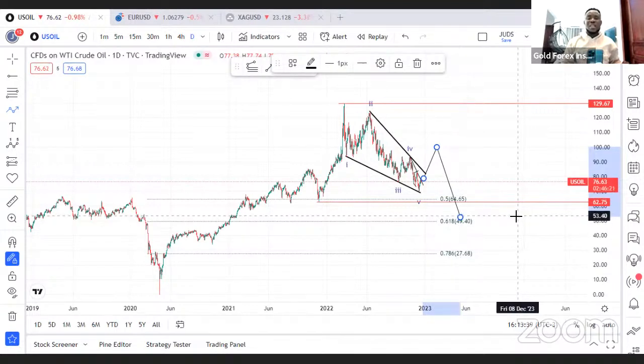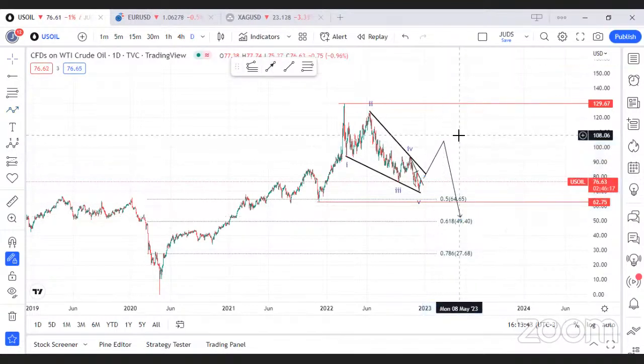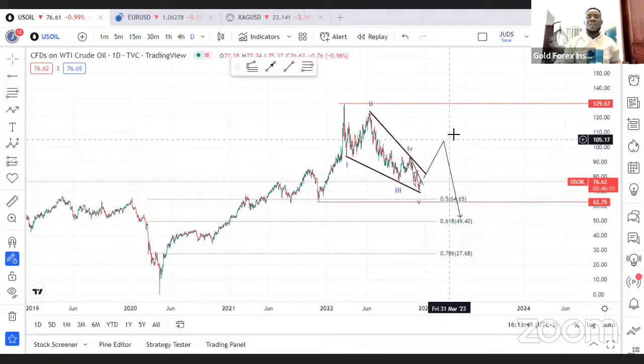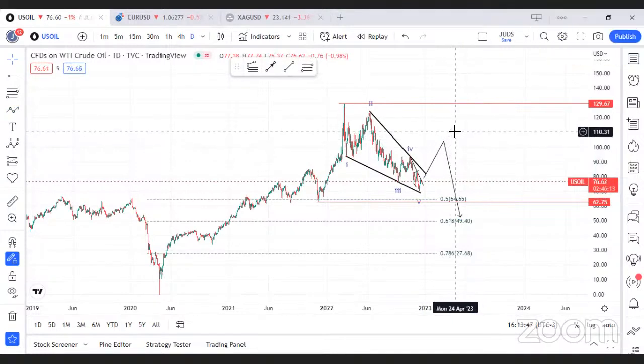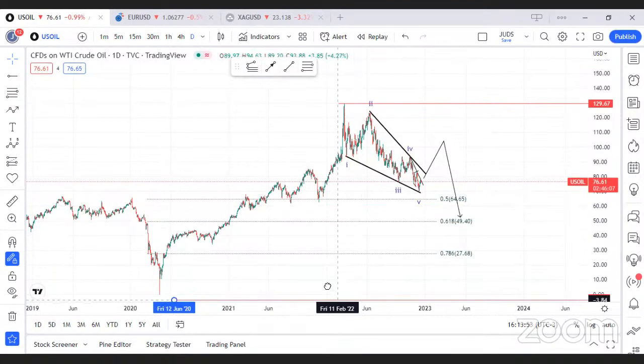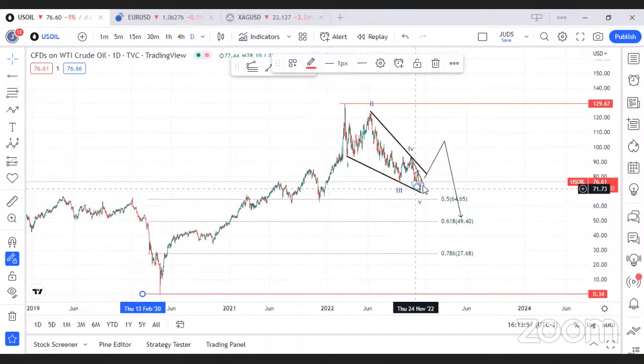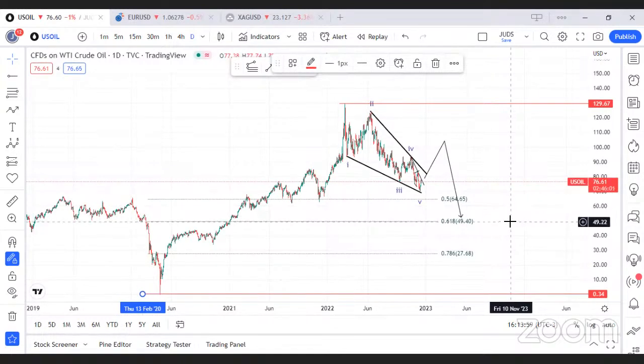So this will be a zigzag. Exactly. As far as I've seen the 5 waves, a zigzag is the most probable. But if it was a flat, then it should be a 3, 3, 5.